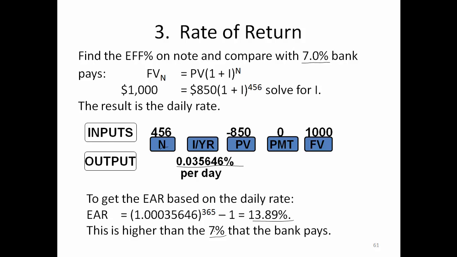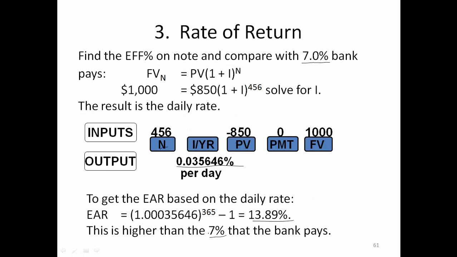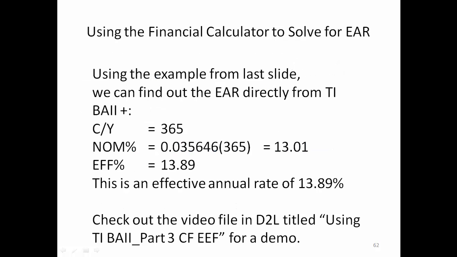So no matter whether you are looking at the future value, the present value, or the rate of return, it looks like the note is a better deal than just leaving your money in the bank.